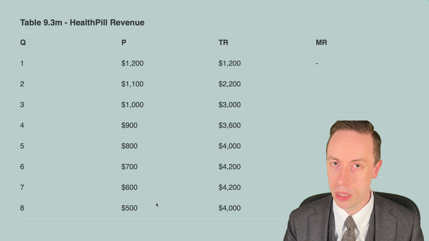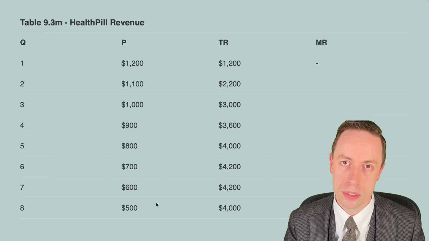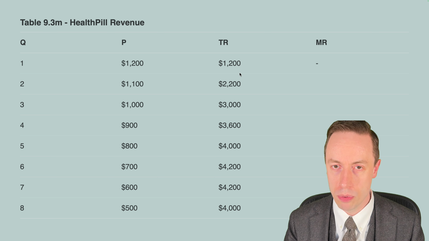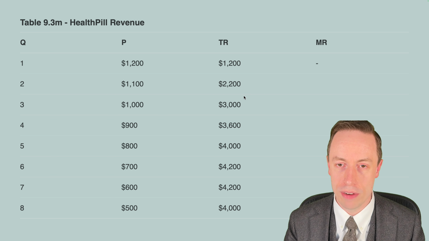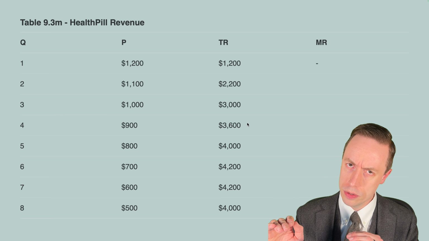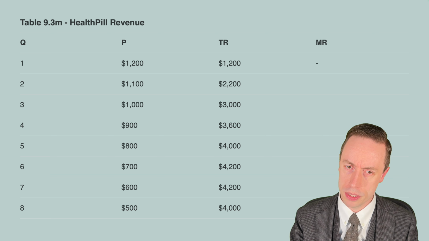So numerically, look at what happens to the revenue of that company. Revenue is, of course, quantity times price. We see that if you sell more, revenue increases, but not in a straight line like it would for a perfectly competitive company.